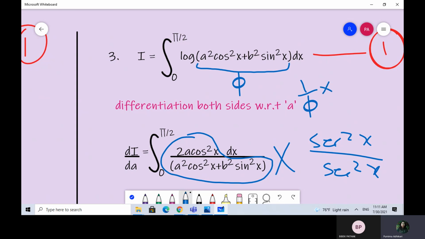Chain rule means the differentiation of the function inside. While differentiating this function, this whole part is constant, it gives you 0. Only your variable lies here, a only. x is also constant, so this will come as it is. So cos square x as it is, and the differentiation of a square is 2a. You should see it yourself, but I explained it.